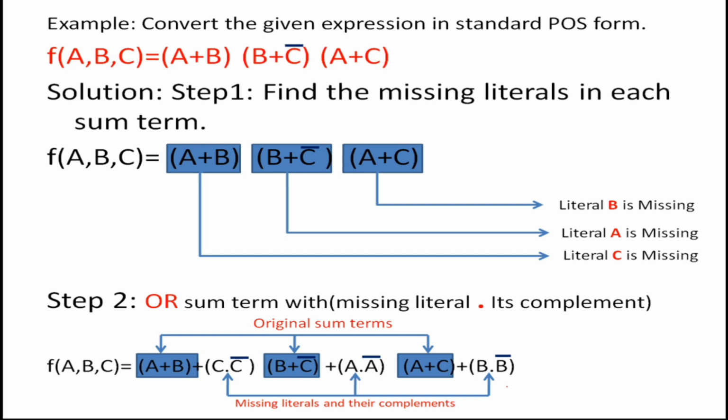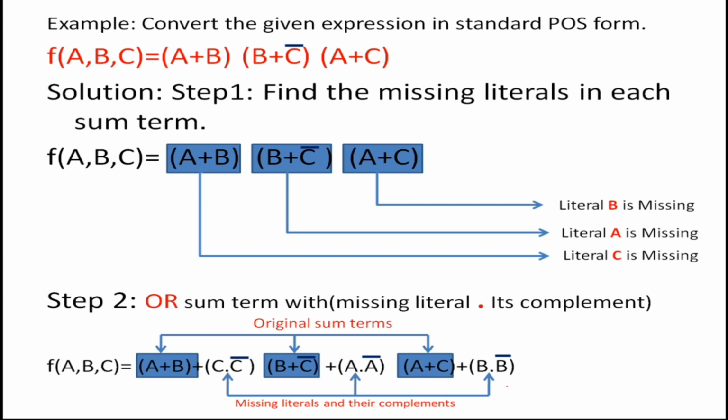We have an expression with 3 literals A, B, C. The first sum term is A plus B. The second sum term is B plus C bar, and the third sum term in the given product of sum form is A plus C. So the solution is going to be like this.